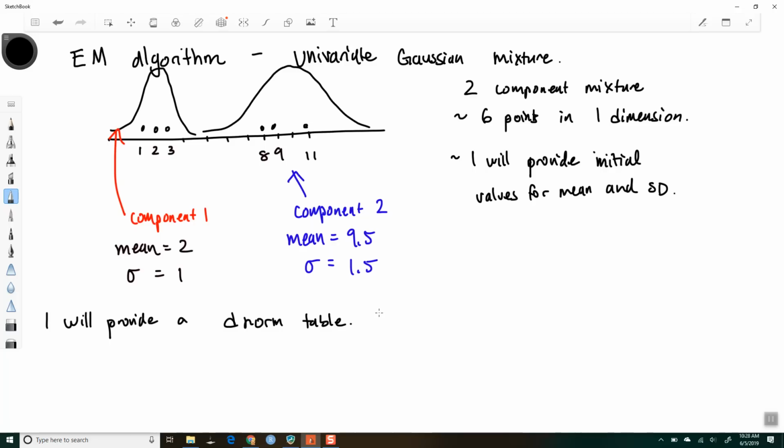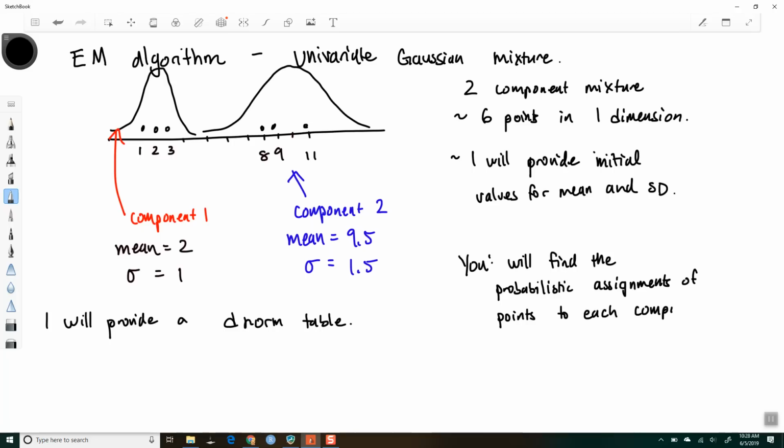So I'll provide a d-norm table, and what you will then do is find the probabilistic assignments of points to each component, right? So this will be like a 6x2 matrix.